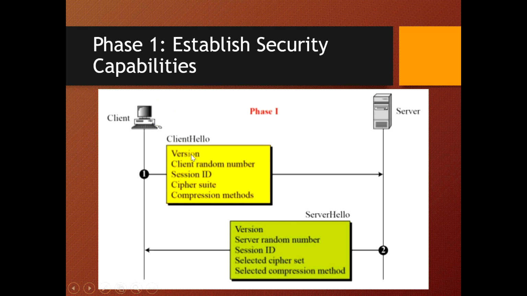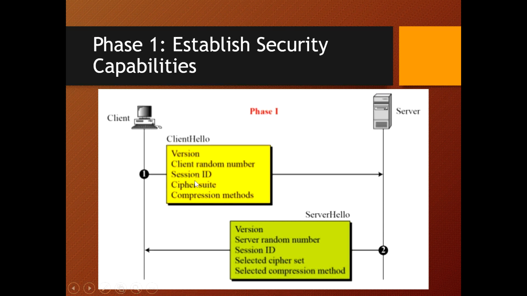When a client hello is sent to the server, all these parameters are included. Similarly, in phase 1, when the server sends the server hello message, similar parameters are identified and sent to the client.